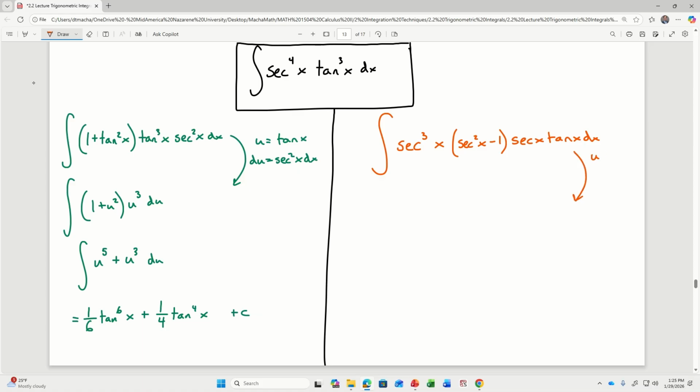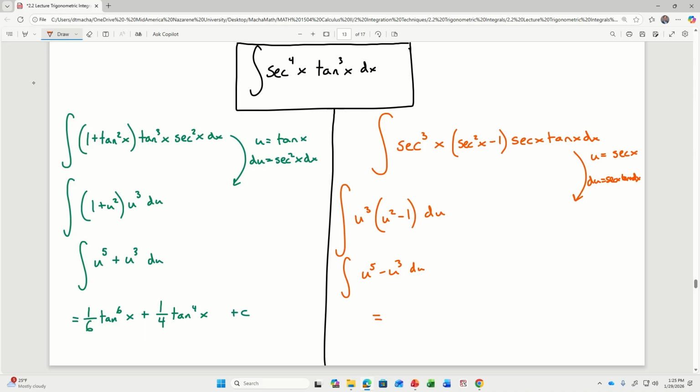This time my u substitution will be secant, and that means du is going to be secant tangent dx. So I'll get u cubed times u squared minus 1 times du, which is u to the fifth minus u to the third.